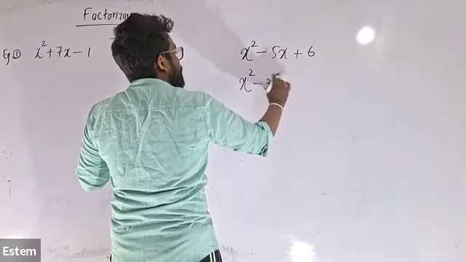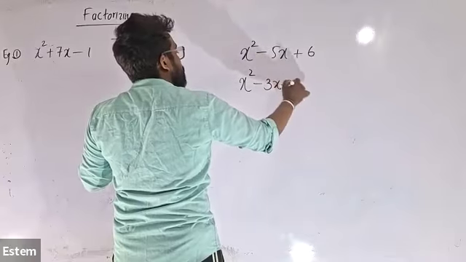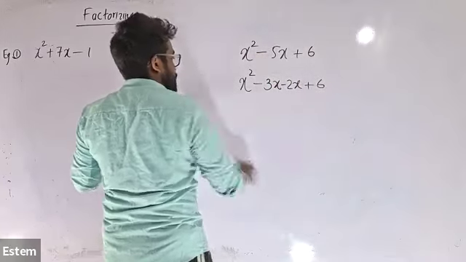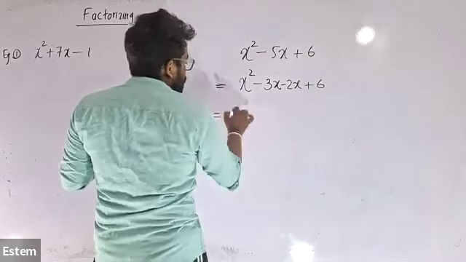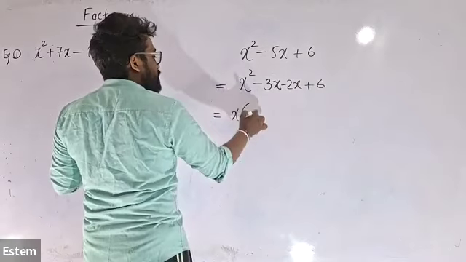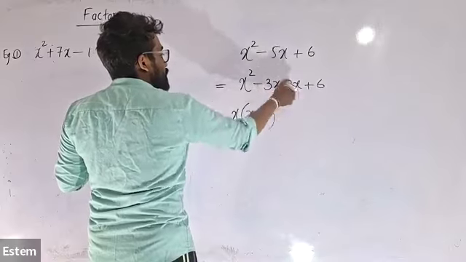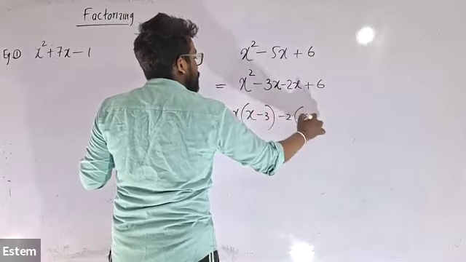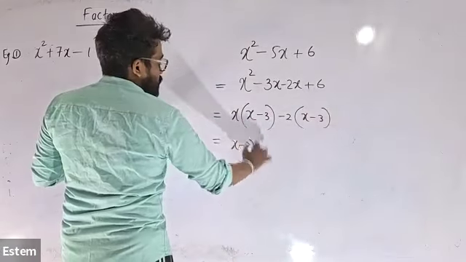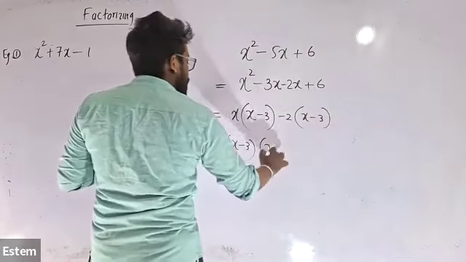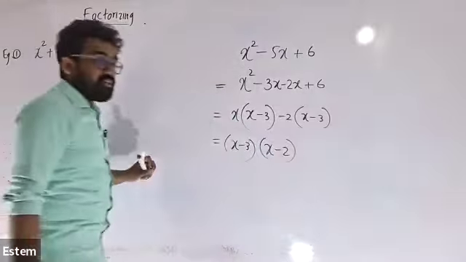Minus 5x is written as minus 3x minus 2x, and here it is plus 6. Now from the first two terms I pull out x, giving x minus 3, and from the last two I pull out minus 2, giving x minus 3. Now we can take x minus 3 out, and here it is x minus 2. So x minus 3 and x minus 2.